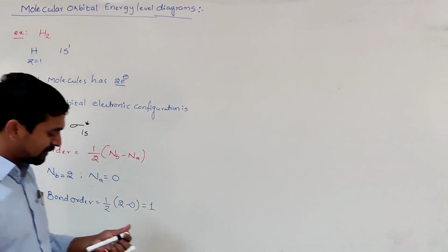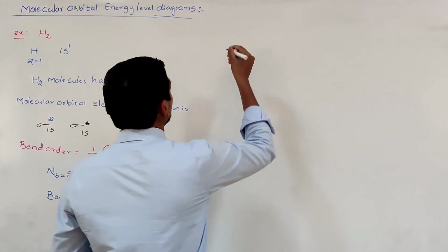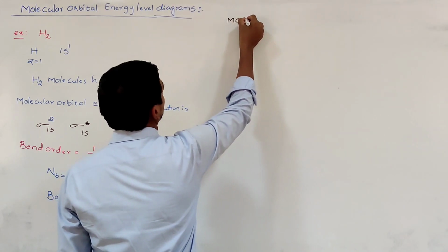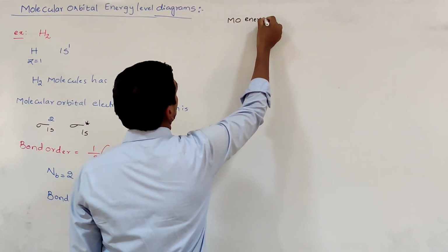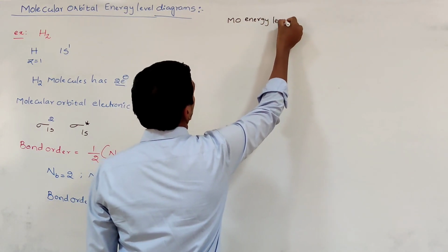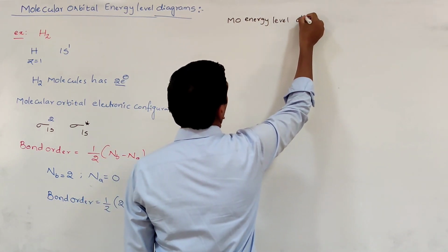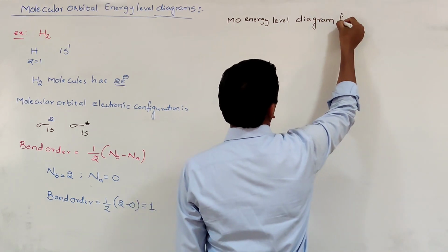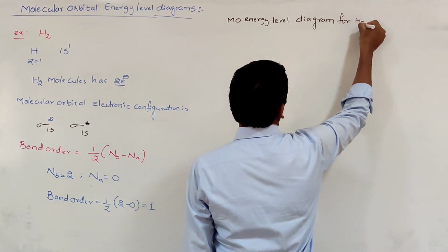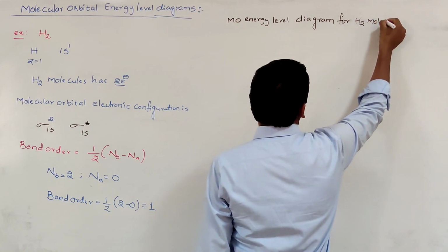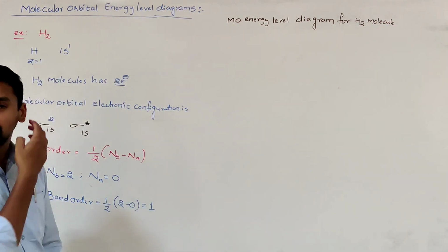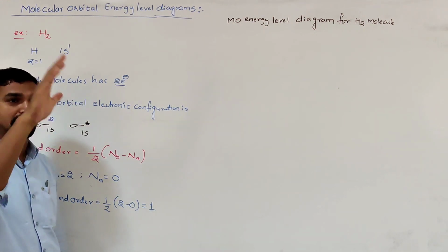Then go to the energy level diagram, the molecular orbital energy level diagram for a hydrogen molecule. So while drawing the molecular orbital energy level diagram, every time you can take a fresh page.